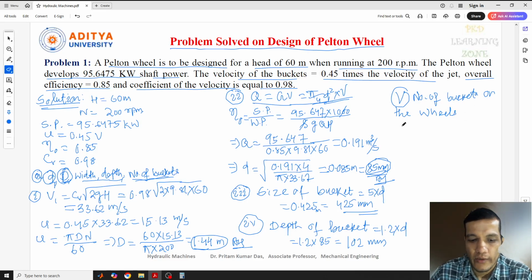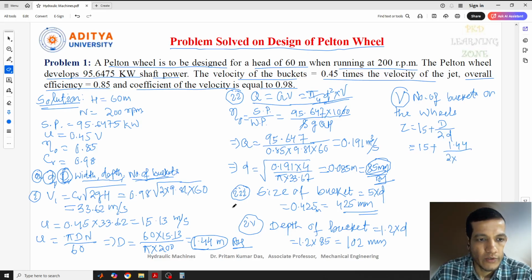The formula is Z equals 15 plus D by 2d, so obviously it will be more than 15. Here D is 1.44, divided by 2 into small d, and small d is 0.085.